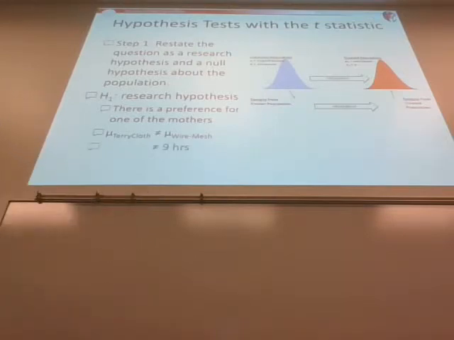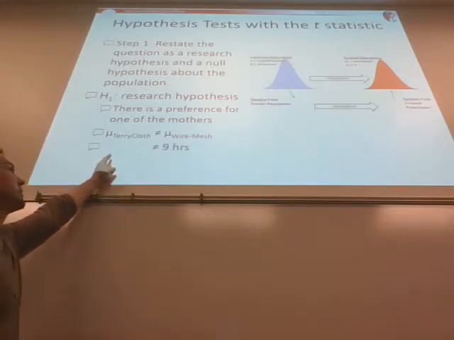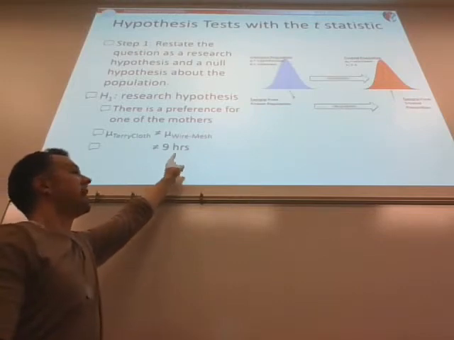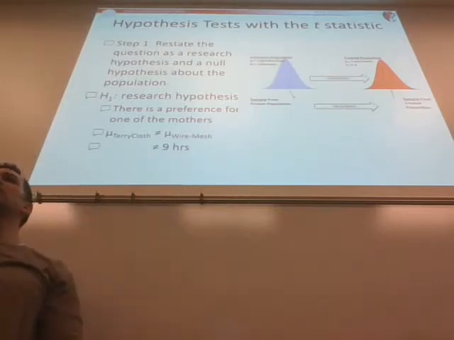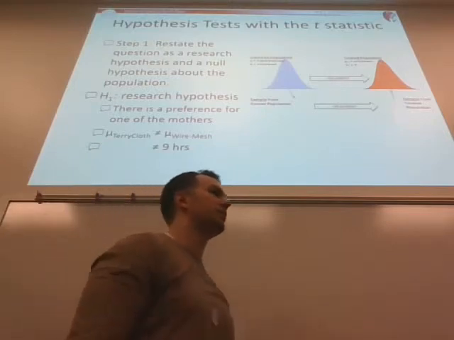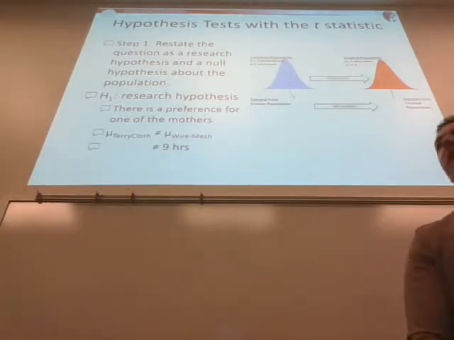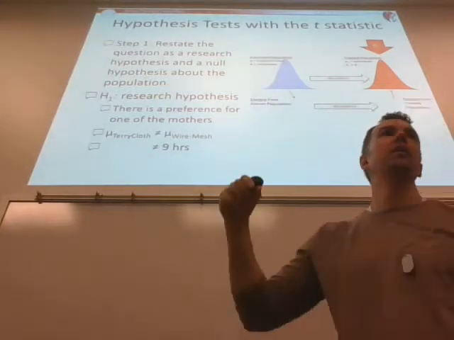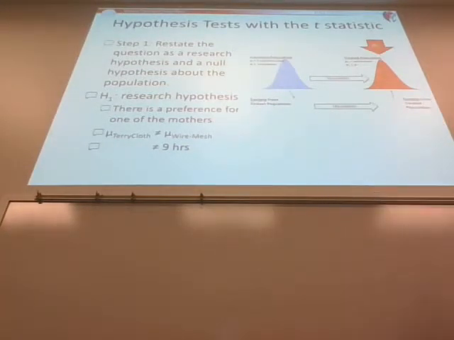So we rewrite this as the mean time spent with the terry cloth mother is not 9 hours. Maybe it's more, in which case they prefer the terry cloth mother. Maybe it's less, in which case they prefer the wire mesh mother. Either way, if it's not 9 hours, they're in that treated population, the population that prefers one of the mothers.